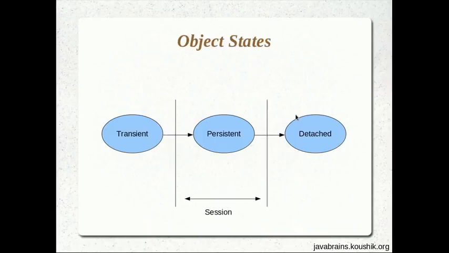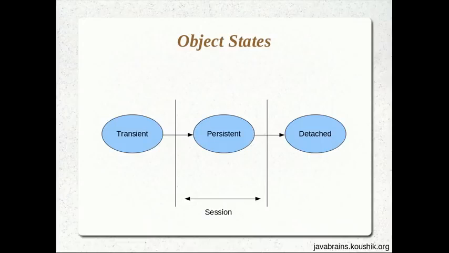The thing to note here is that the change from transient to persistent and the change from persistent to detached is happening because of the session involvement. The transient object becomes persistent once it's attached to the session, and the persistent object becomes detached once it is removed from the session.